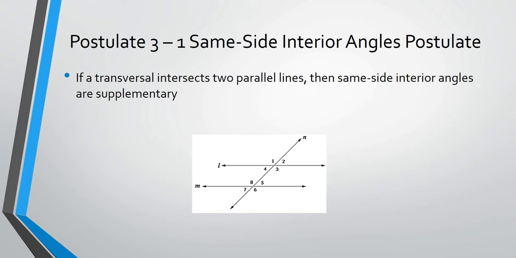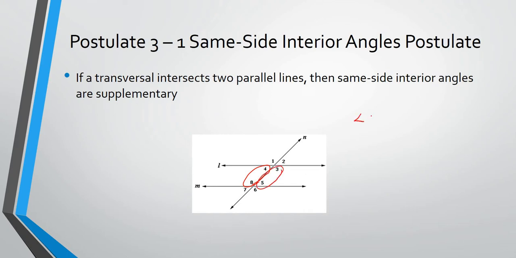Okay, so same side interior. Interior are the angles in between the two parallel lines. So same side means same side of the transversal. So for this one, we're talking about, for example, angles 4 and 8, or angles 3 and 5.